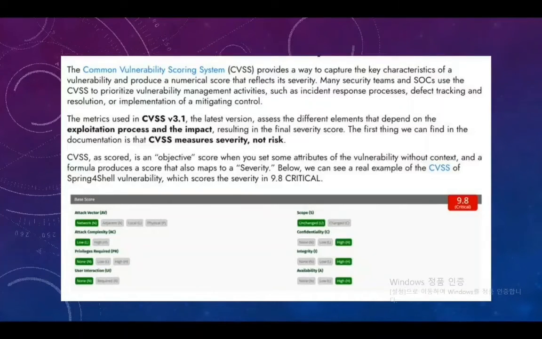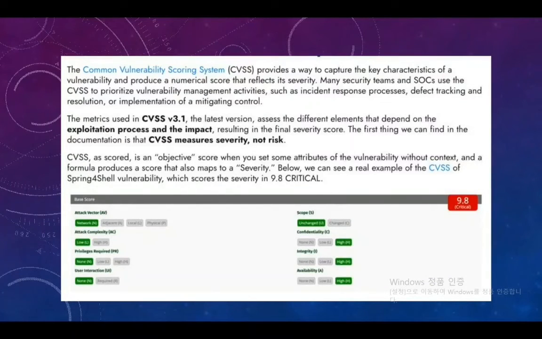The metrics used in CVSS version 3.1, the latest version, assess the different elements that depend on the exploitation process and the effect, resulting in the final severity score.